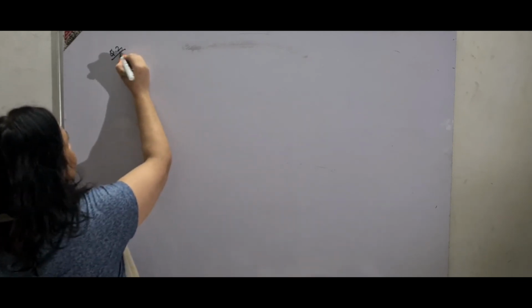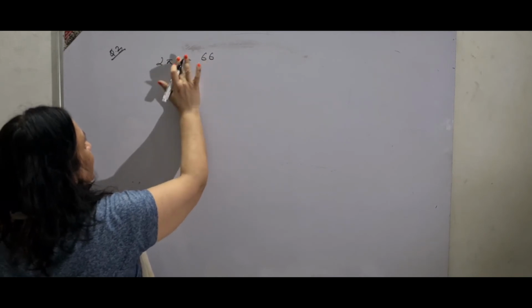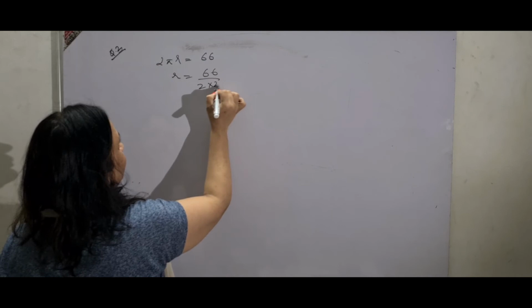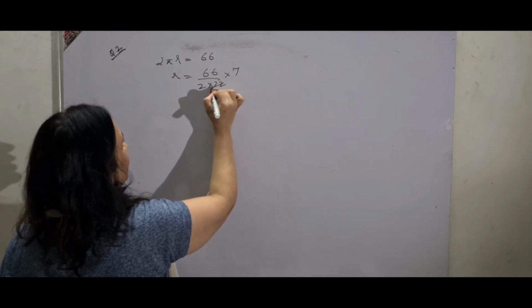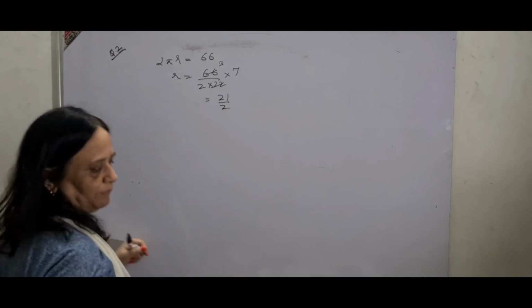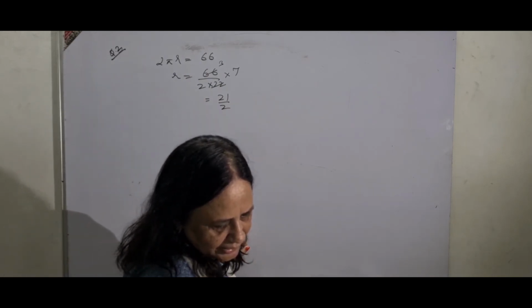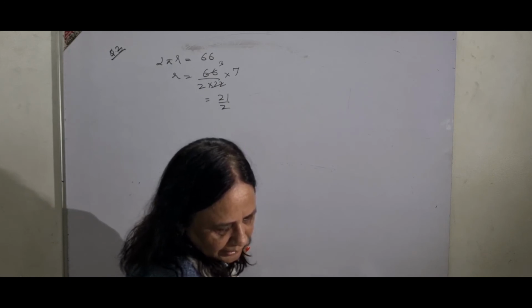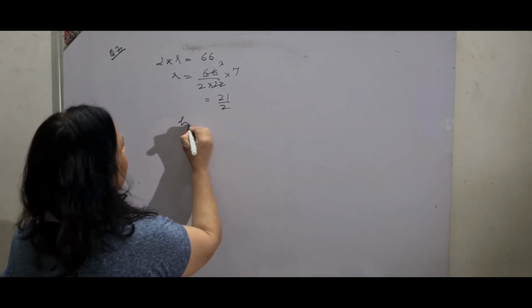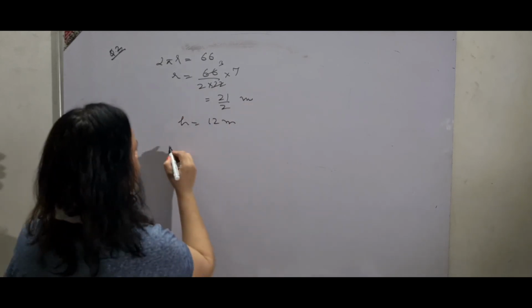So for question number 3 of the same exercise, 2 pi r is 66, and children, this will give you the value of r. 22 3s are, so 21 upon 2 is your answer. Then he says find the volume of air contained in it. So h is given to be 12 meter, and you have to find the volume of the air.